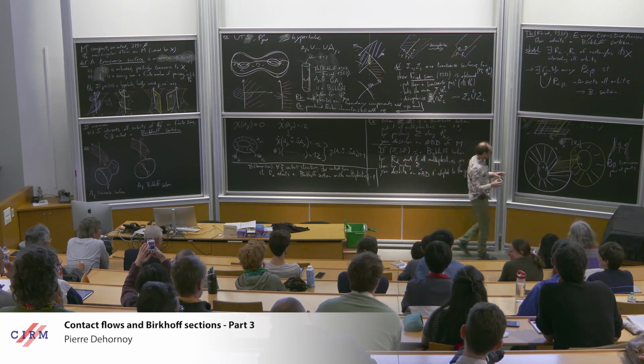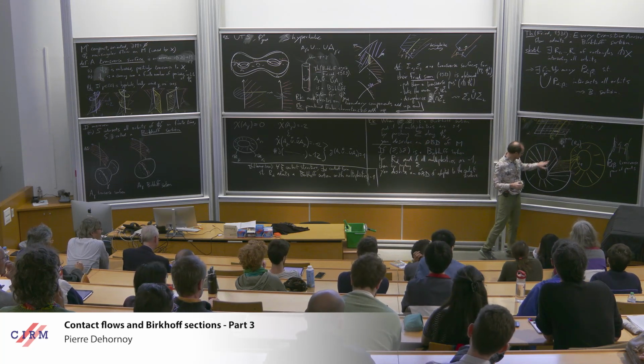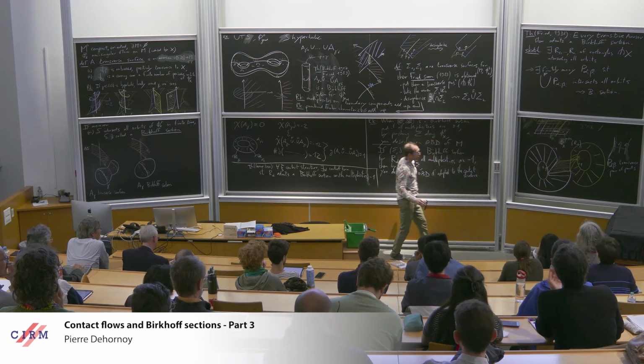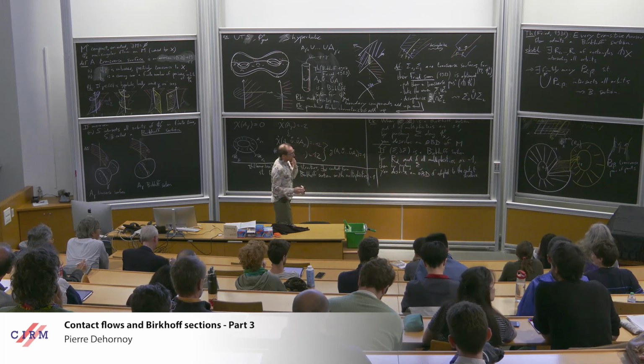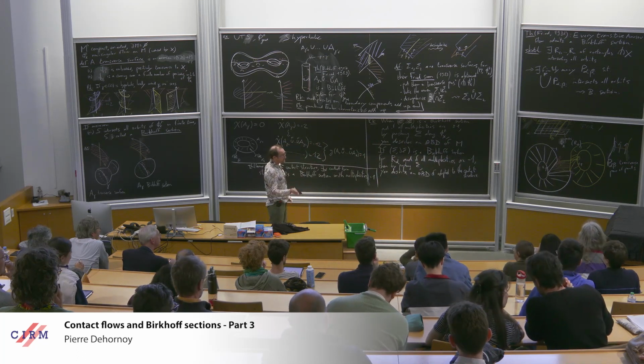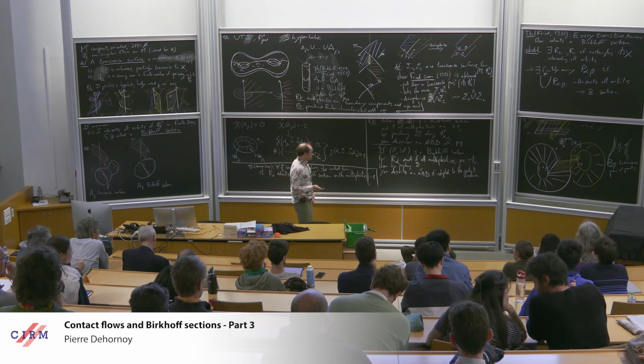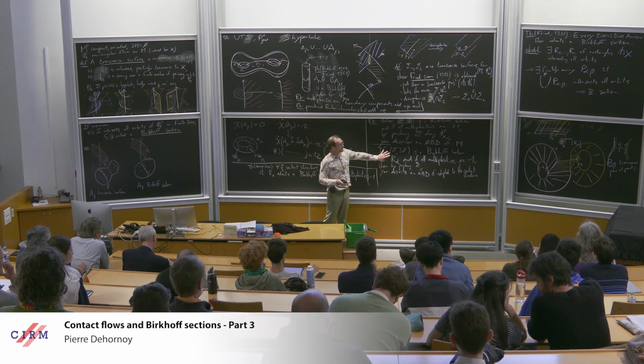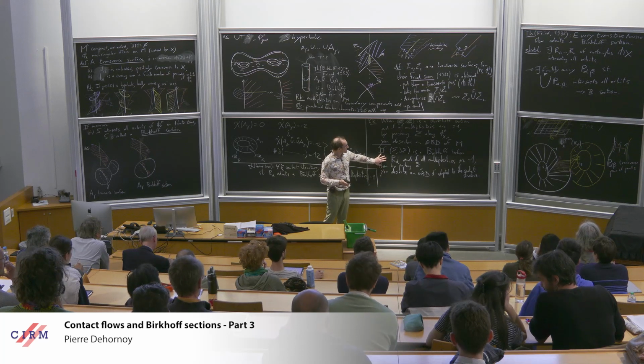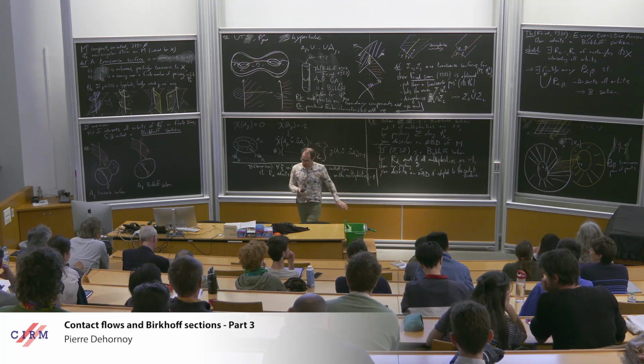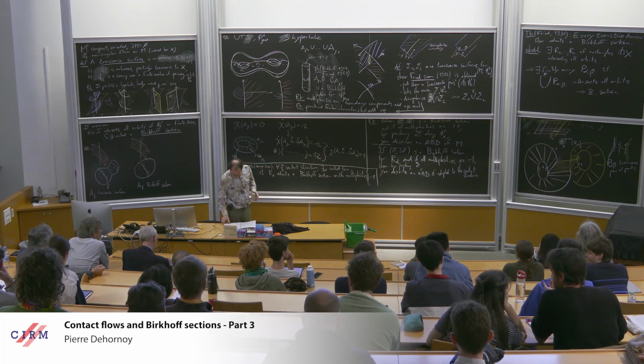Sorry, I didn't prepare that, so maybe it's +1 and -1. So you see that in particular, you have positive and negative multiplicities. With this respect, it's not that good, this construction. But for just constructing a Birkhoff section and so on, it's good. Okay.